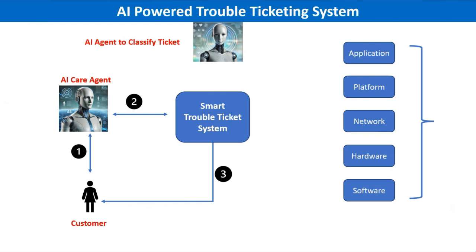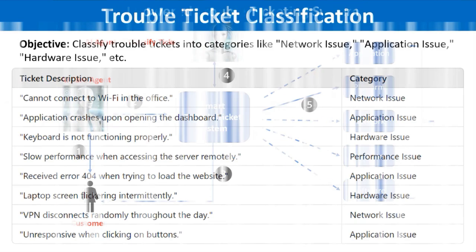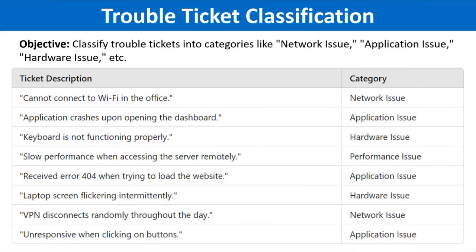This ticket is then categorized and assigned to the appropriate team for resolution by the technical team. Then the respective team or department starts working on this ticket. And finally, when the issue is resolved, the end customer is updated. Here, the objective is to classify a ticket into a predefined category and assign it to the respective team.